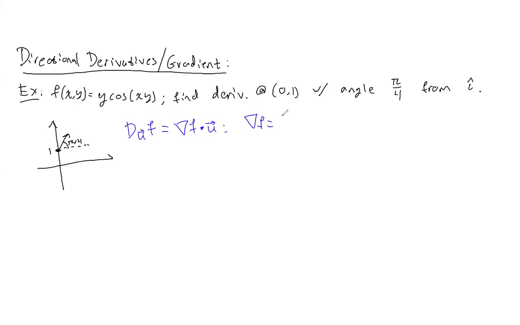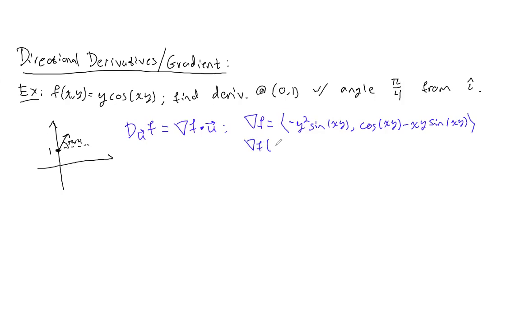The gradient of f, in this case, is just the vector of partial derivatives. The derivative with respect to x is negative y squared sine(xy). The derivative with respect to y is cosine(xy) minus xy sine(xy).